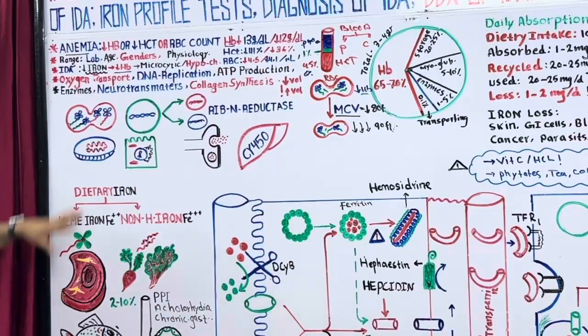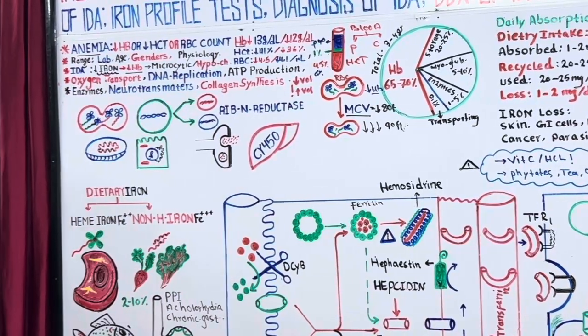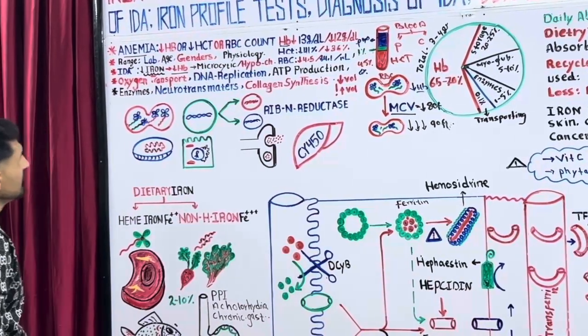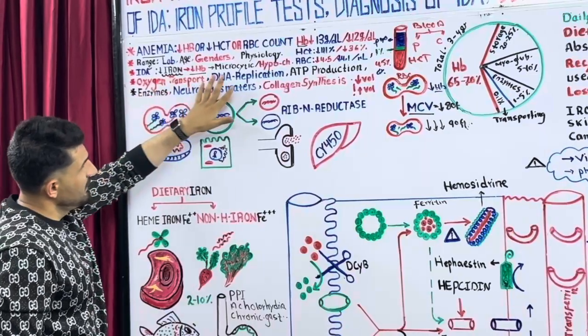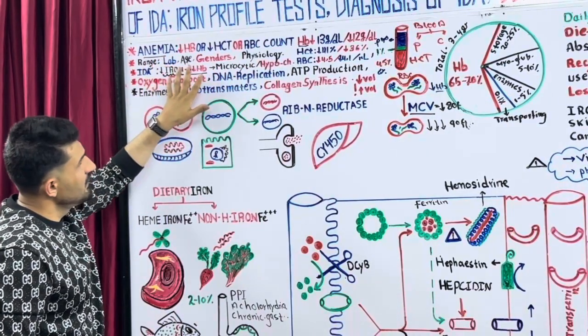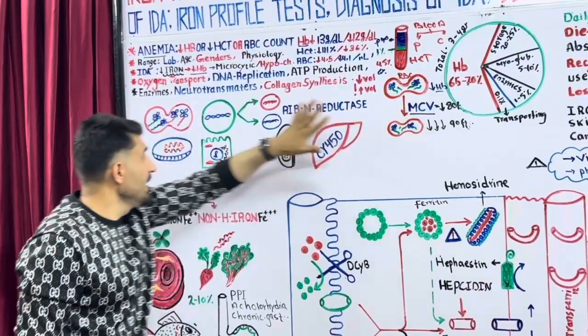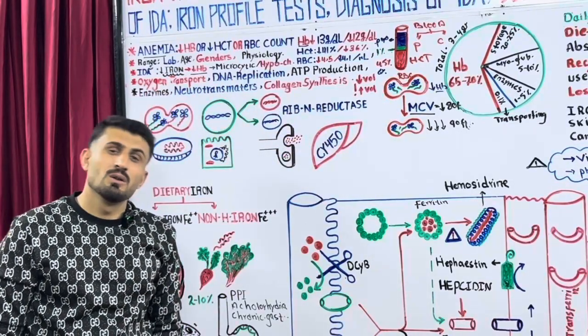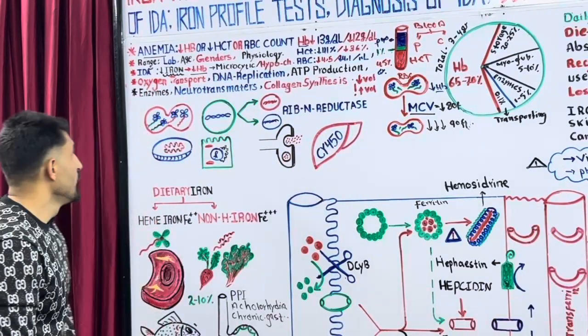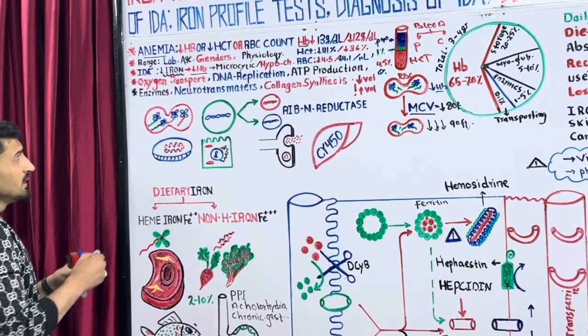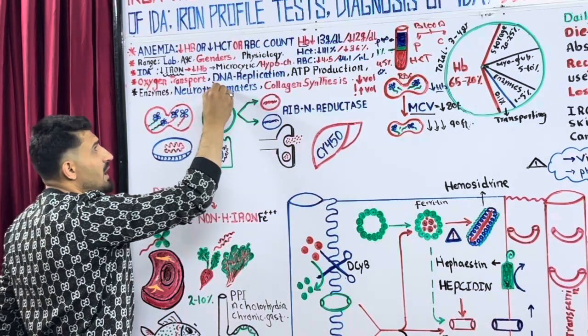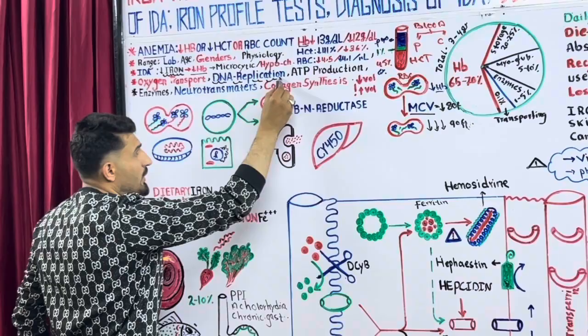Now let me tell you some things about iron. Rather than its role in the making of hemoglobin, iron has other functions in our body also. For example, we use iron for DNA replication.